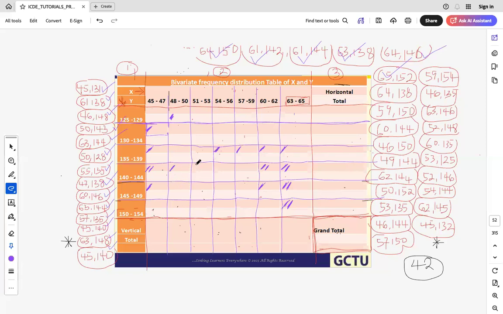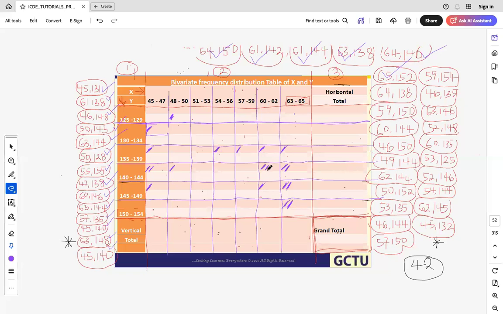So I'm shading in the orange, because I'm going to write something in the white ones very soon for you. That is why I'm shading in the orange areas. So the 61, 144, the 61. Sir, please, that cell was supposed to be two.